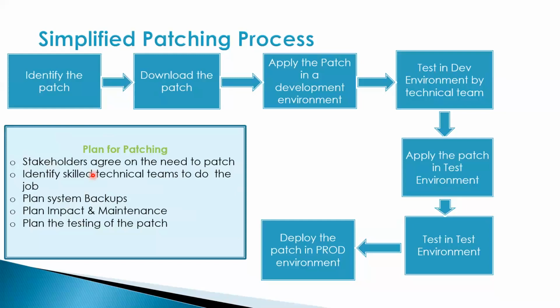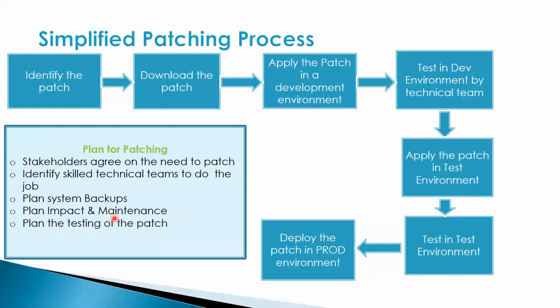Now, when you're applying these patches, you will need to come up with the timing of when the patch will be applied, because you can't just go into the system, whether it's a development instance, a test instance, or a production instance, and just start doing the patching. There are users who use these environments, so whoever uses those systems needs to know when the patch will be applied.